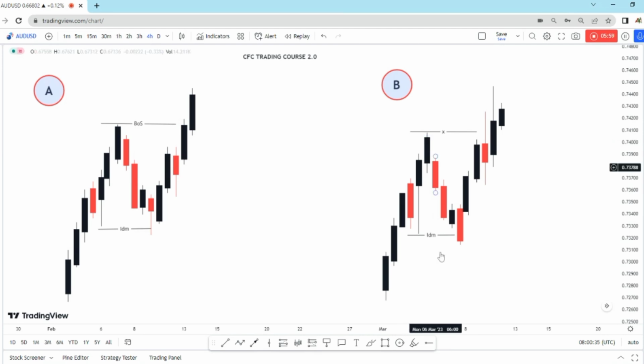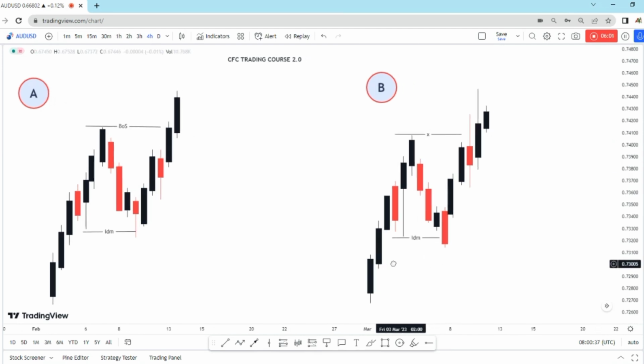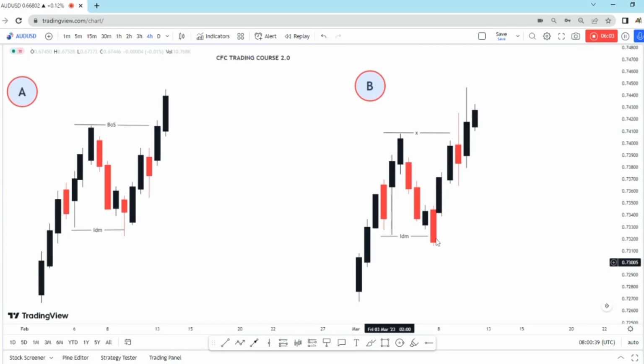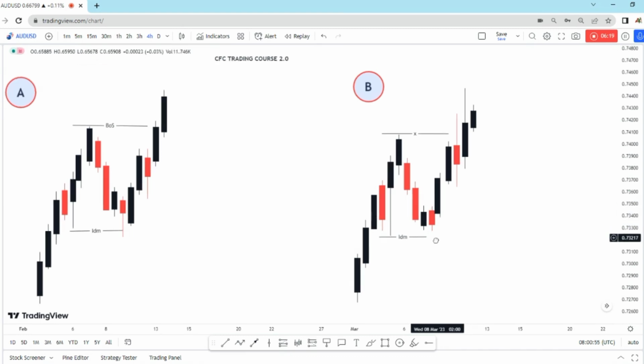So in this case, if price fails to sweep this inducement leg, assuming price has come inside like this, and then we didn't have any sweep, and then it is like this, so hence this will not be a valid inducement.